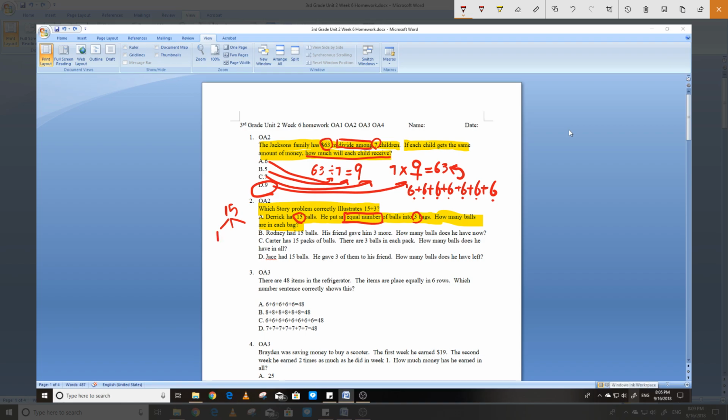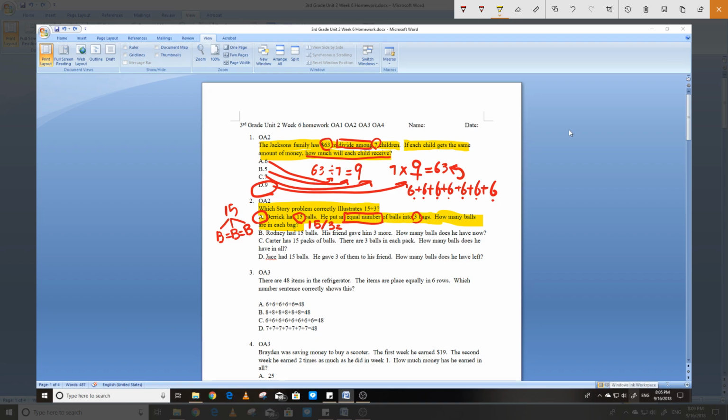Let's say B, so B has to equal the second B and the third one. Therefore, we have to think, what could this value be? That is why A is a division problem, because if you were to write this out in an equation, you would write 15 divided by 3 and find your answer. That is also why A is the correct answer. And that's how to solve number 2.